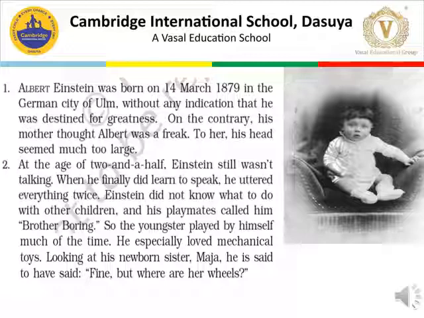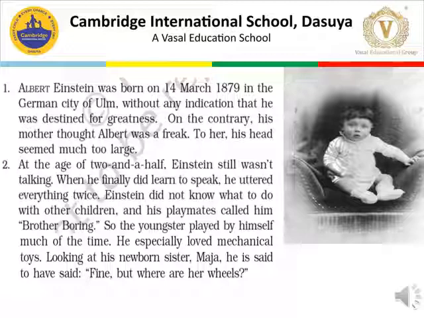He didn't have playmates at his young age, but his fascination was clear at a very young age when he was looking at and playing with mechanical toys. He loved them so much. He had a younger sister.